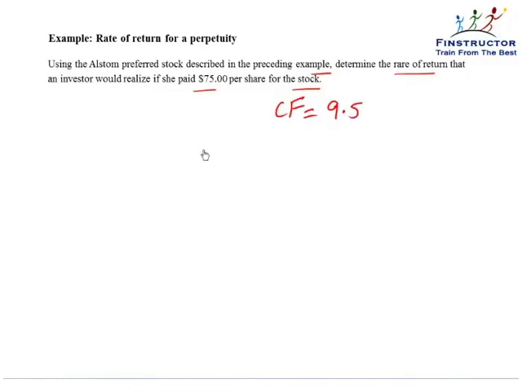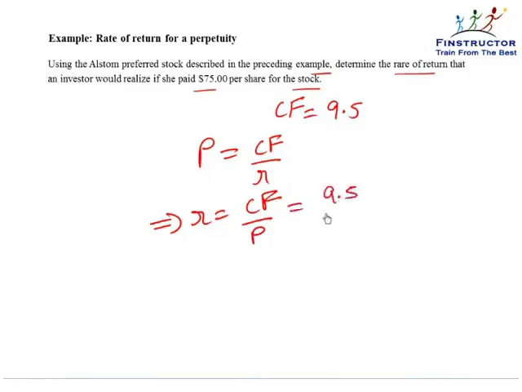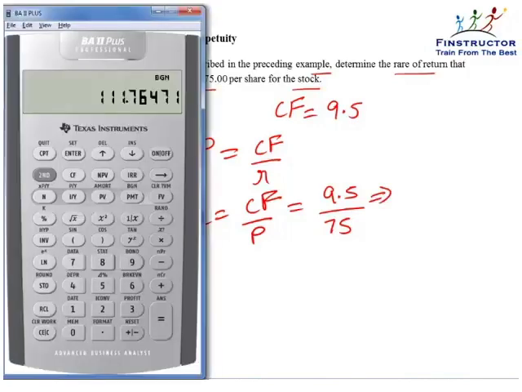And we proved that the price, or the present value, is cash flow upon the rate of interest, so the implied rate will be nothing but the cash flow divided by the price. So 9.5 is the cash flow that I'm getting from the preferred stock, and this investor paid $75. So she has effectively enjoyed a return of 9.5 divided by 75. That is 12.667%.